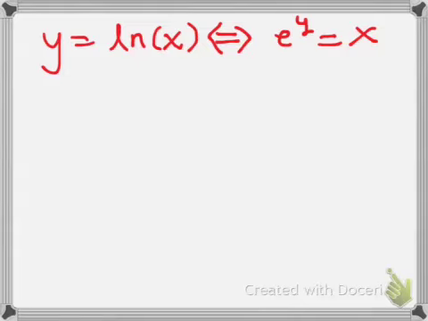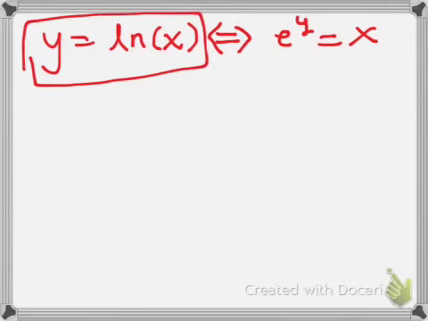So we are looking for the rate of change of this function, the natural log of x. I haven't seen anything for this before, but I do know the rate of change of the exponential function, right? The rate of change of the exponential is the exponential itself.